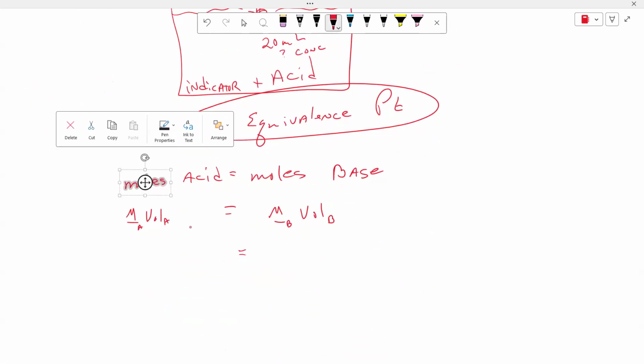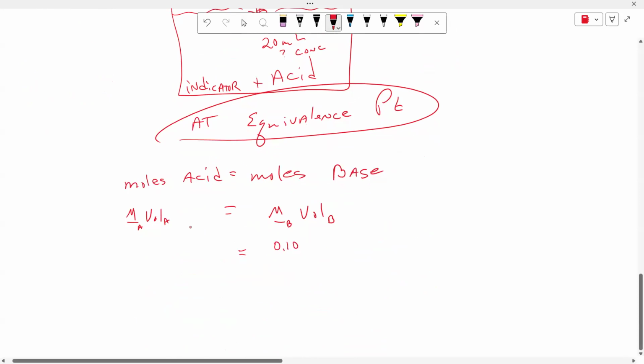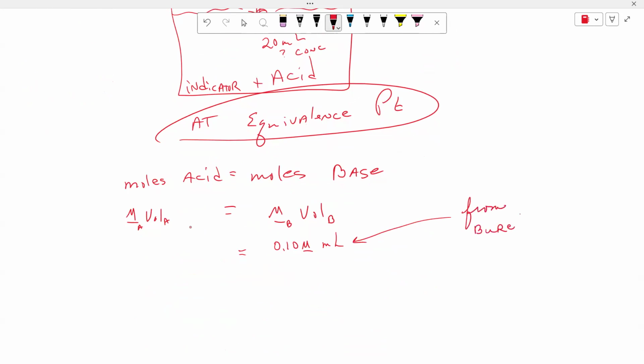So that's going to be the milliliters from the burette. Now we need to convert the milliliters to liters, though. So that's going to be that conversion, because it's got to be in liters, because concentration is in moles per liter, not moles per milliliter.